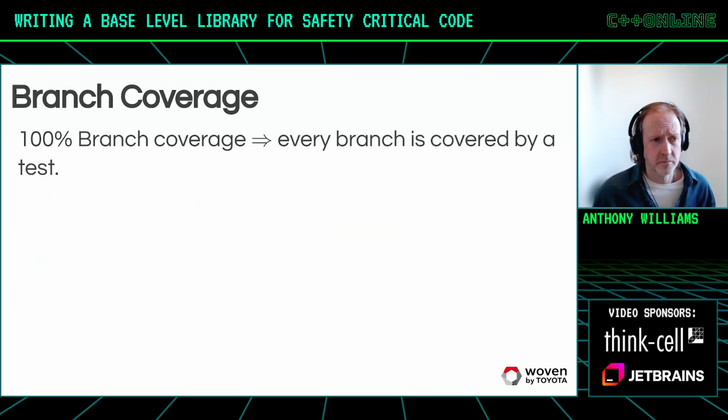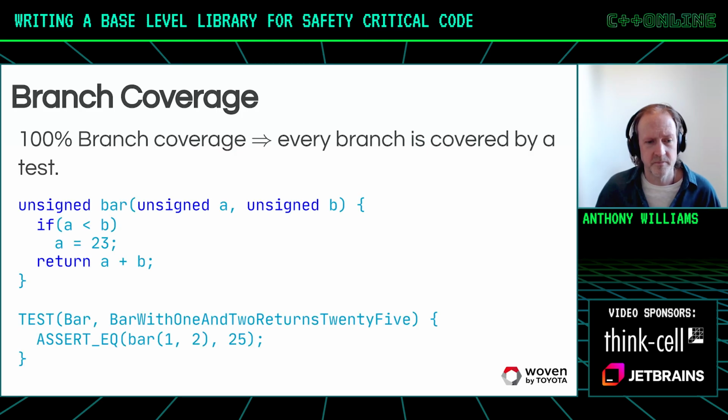And then the next level of coverage is 100% branch coverage, where every branch is covered by a test. In the simple case, we've got our if A is less than B test, and in this case we don't do an early return. But if we only call the function with the if running, then our else branch is not covered.